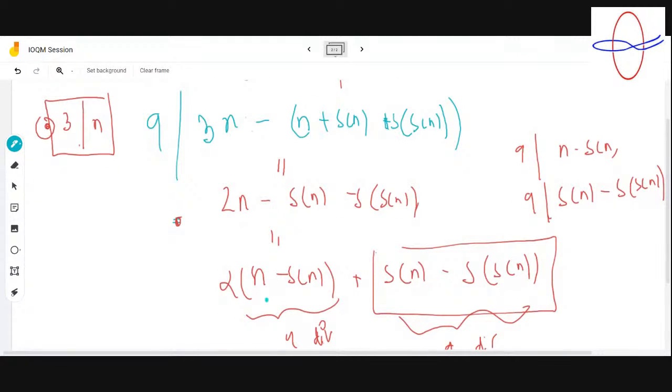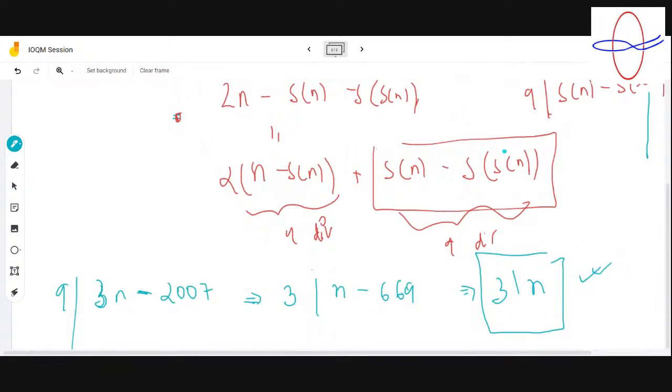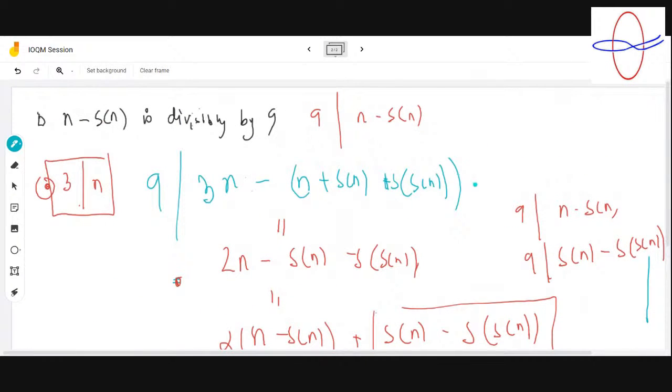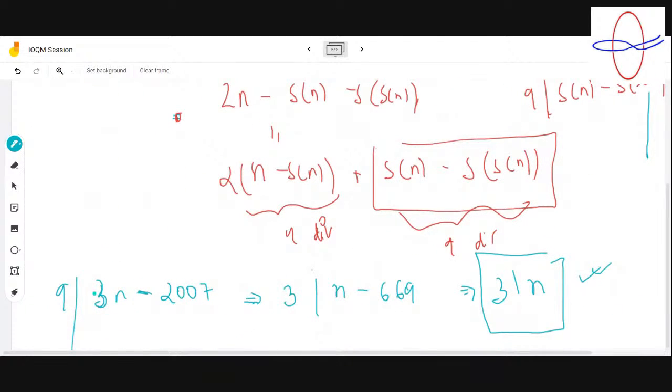Now we divide this as 2 times (n minus S(n)) plus (S(n) minus S(S(n))). So 9 divides this sum, and therefore 9 divides 3n minus this sum. This sum is 2007 from the problem, therefore 9 divides 3n minus 2007. If you divide by 3, you get that 3 divides n minus 669. Now 669 is divisible by 3 again, so 3 must divide n.